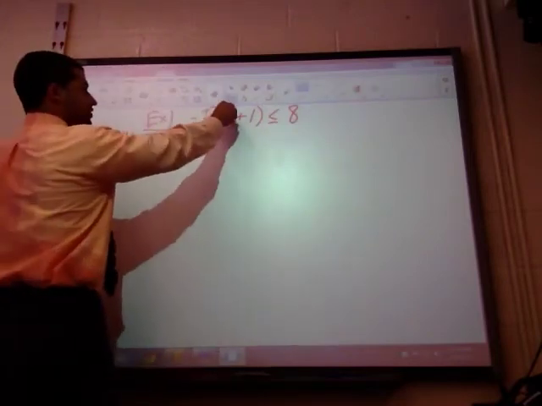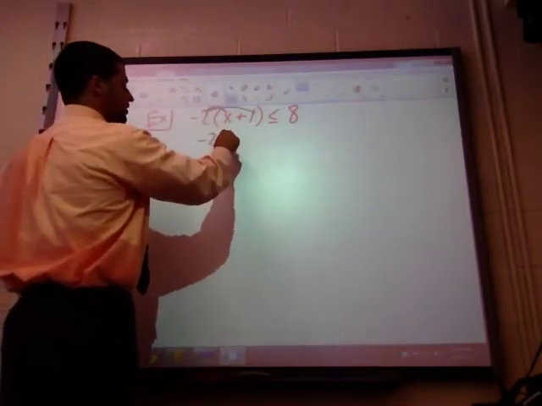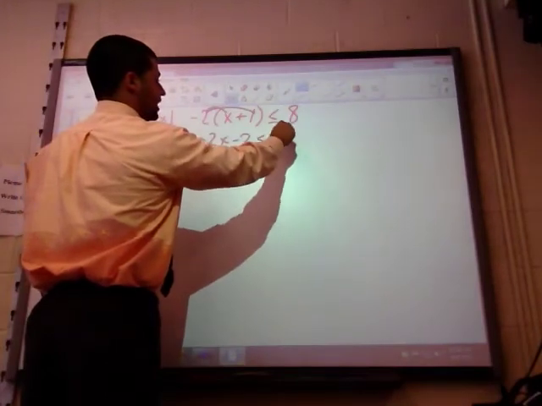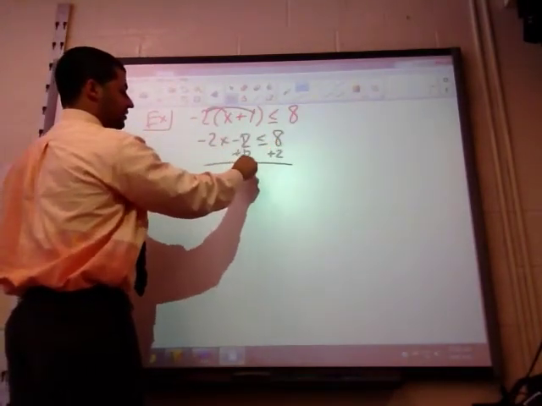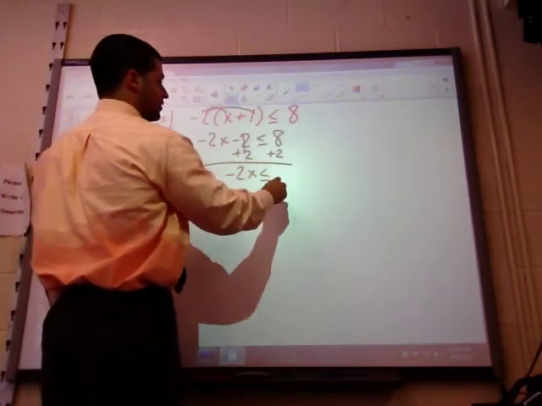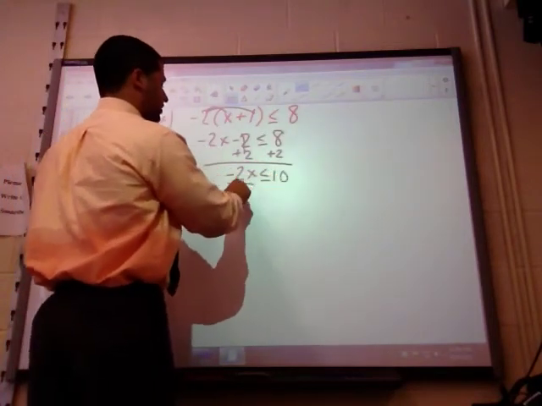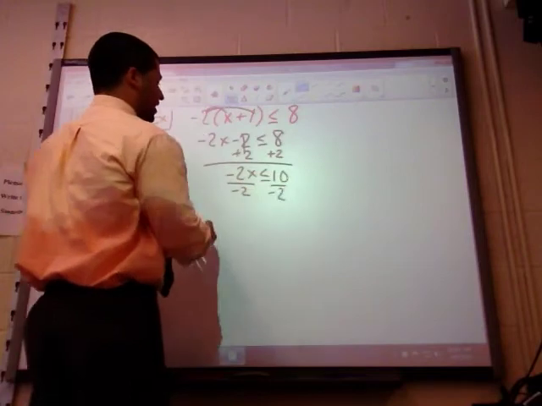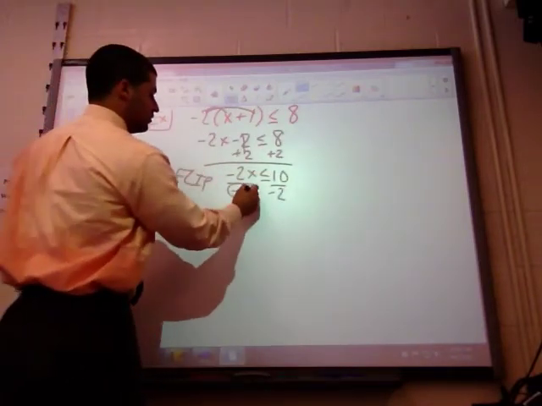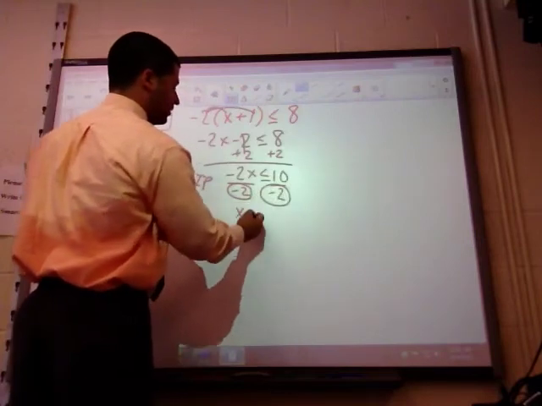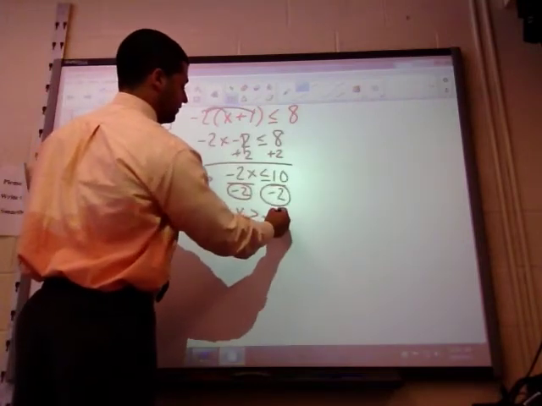Next one, we got to distribute first. Negative 2x minus 2 less than or equal to 8. Add 2 to both sides. Negative 2x less than or equal to 10. So now I divide by negative 2. Since I just divided by a negative number, I have to flip. And I get x greater than or equal to negative 5.